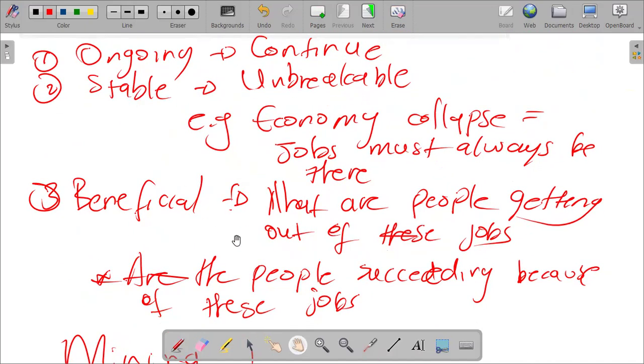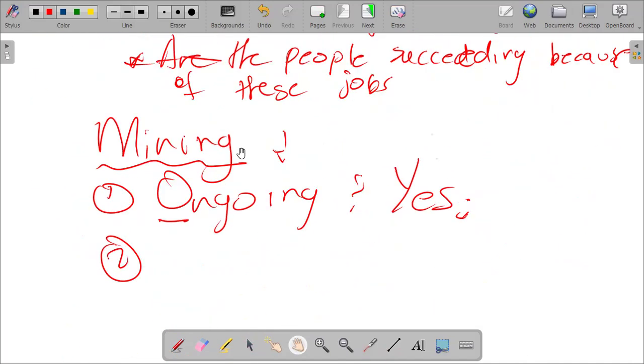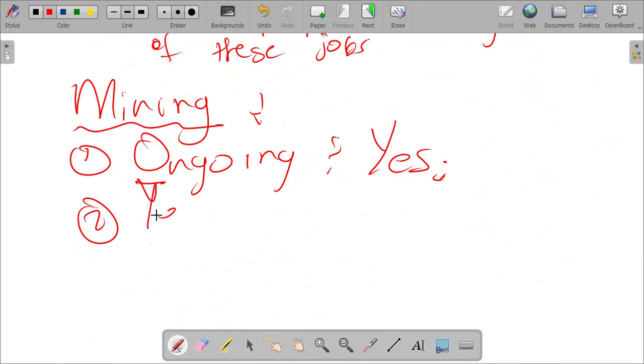Number two, is it stable? So even if the economy crumbles, will the business succeed? Yes, because gold is not determined necessarily by how the economy goes. The country will always sell minerals. So is it stable?